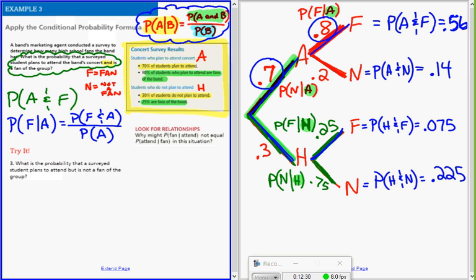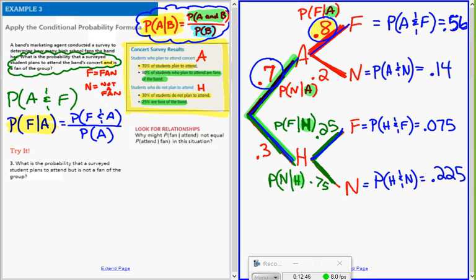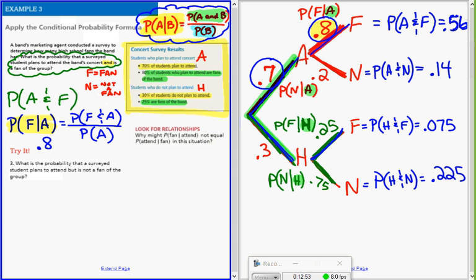But watch how this would work. This on the left would be the yellow part of this formula up here, right? The left side. And I was telling you that in my tree diagram, that would be the 0.8. 80% of the students who are going to the concert are fans of the band. So that would be a 0.8 equals.